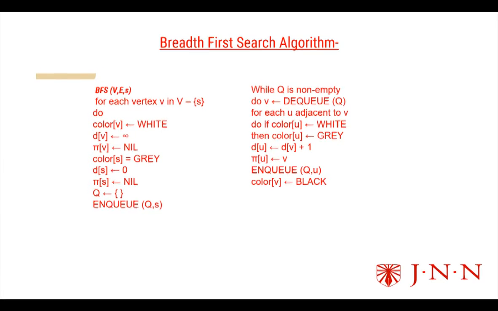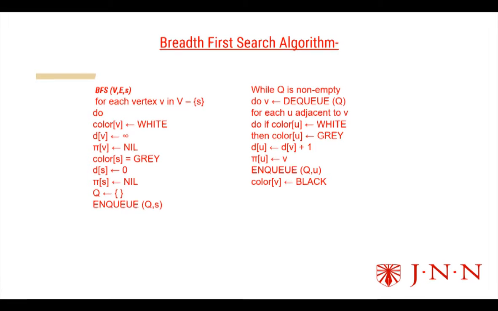So here the BFS algorithm is defined from the vertices, edges and S. For each vertex in V other than the source, initialize color to white, and the distance of the vertex is initially noted as infinite for all the vertices, then pi of v is initially null.